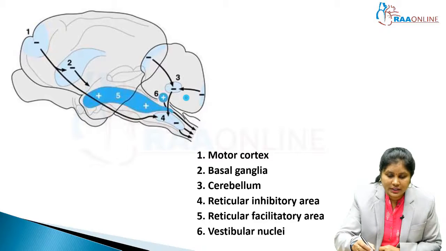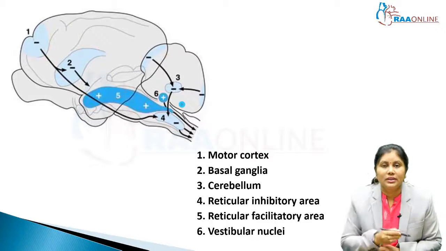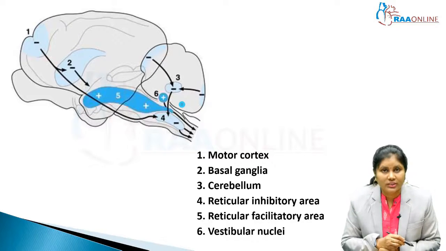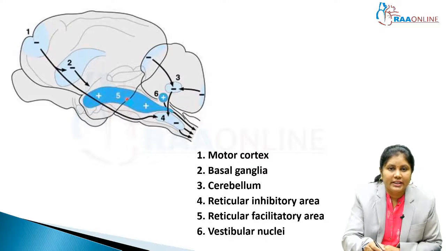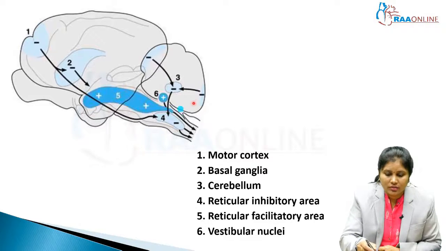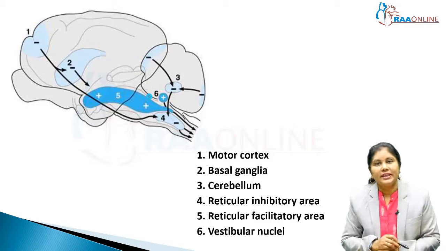All these actually have inhibitory control over the muscle tone, over the stretch reflex predominantly. The only excitatory areas are the reticular facilitatory area which is coming from the pons, that is the pontine facilitatory area, and also the vestibular area, a small area here near the cerebellum. So, these two areas are facilitatory in nature.